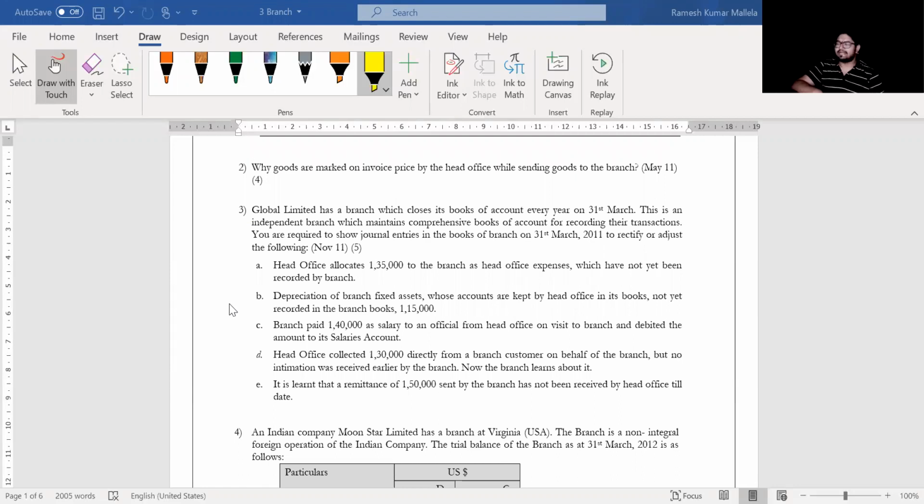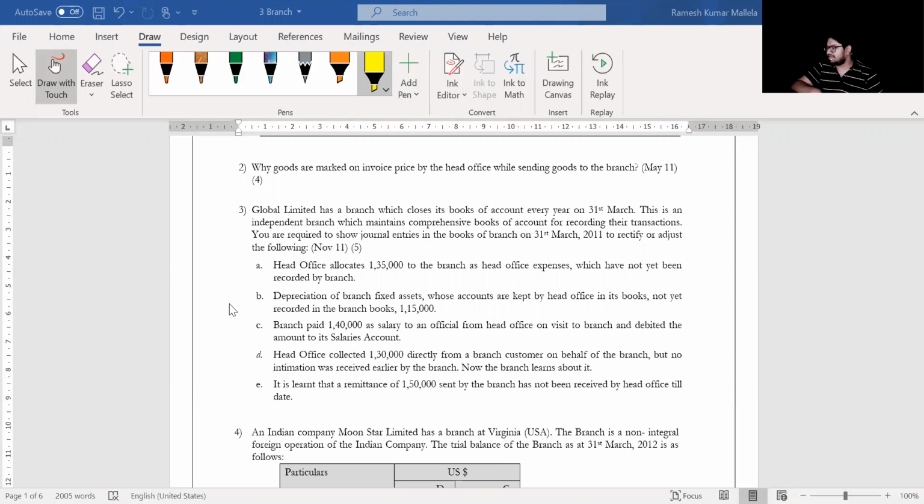This is an independent branch which maintains comprehensive books of accounts for recording its transactions. You are required to show journal entries in the books of the branch on 31st March 2011 to rectify or adjust the following. That means there are some issues he has raised there. He wants you to rectify them.